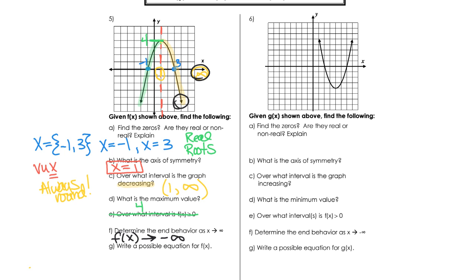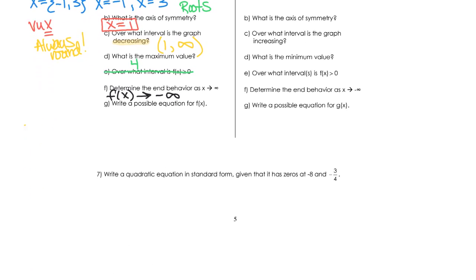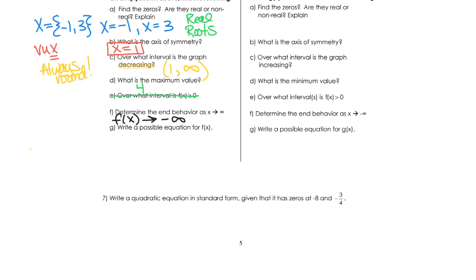Okay? And then part G is going to ask us to write a possible equation for f of x. So I'm going to go ahead and move my paper down. Remember that on the front side, given the equation, we factored it. We did our t-chart, and we got solutions, right, which are our roots. So now we're going to go backwards.